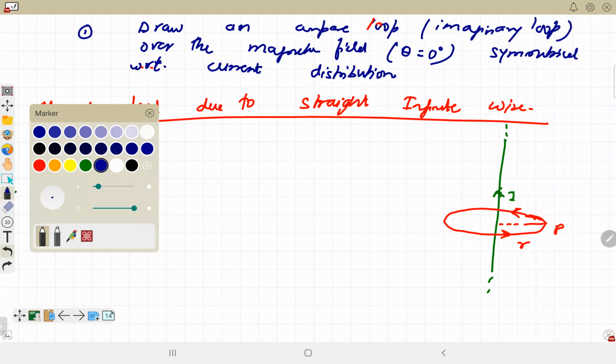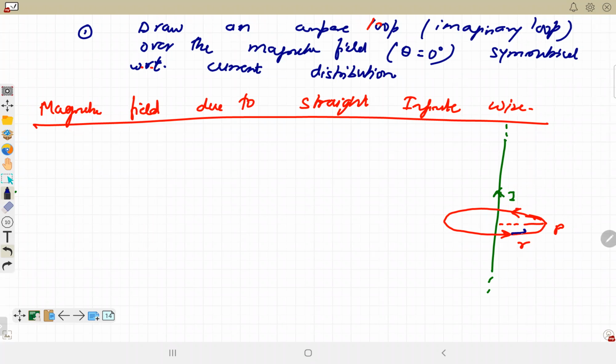So take a small length dl, B over it, integrate. Integration of B dot dl is equal to mu naught times I.